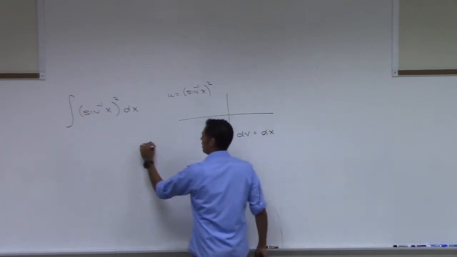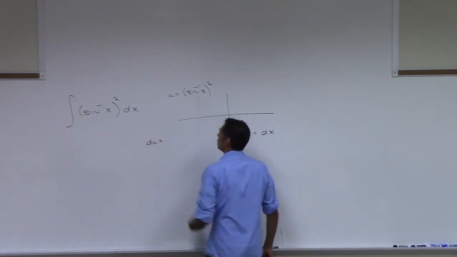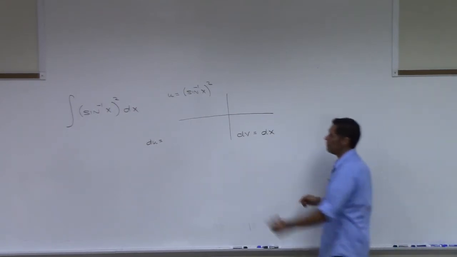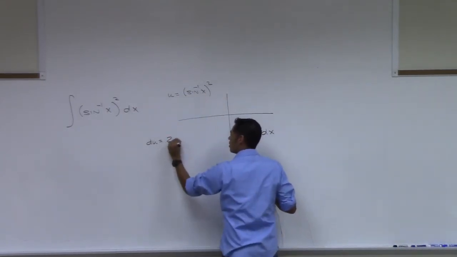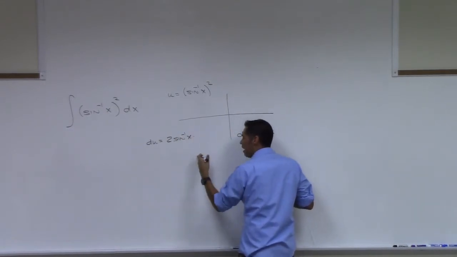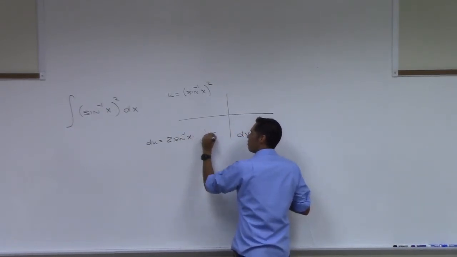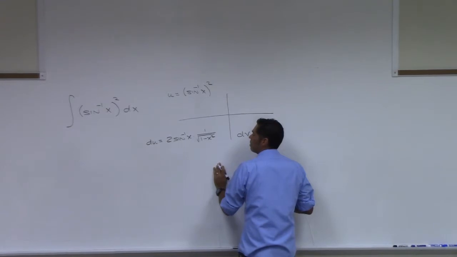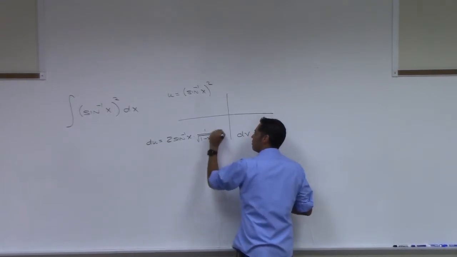Okay, so let's see. For du, we have to take the derivative of this. So chain rule, right? The 2 comes out: 2 arc sine of x, times 1 over the square root of 1 minus x squared, that's the derivative of arc sine, and then dx.